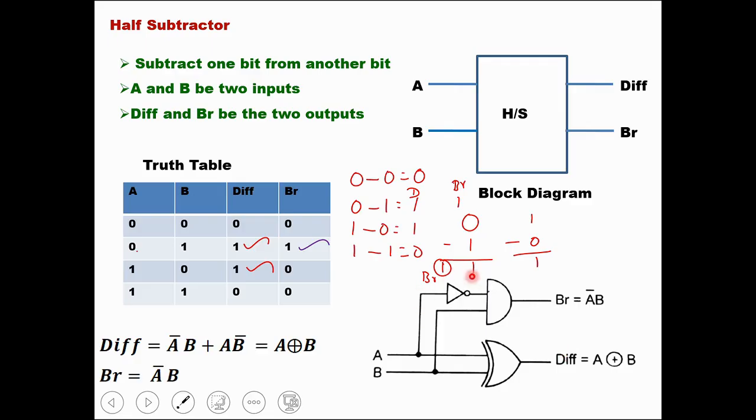The output of the NOT gate is given to an AND gate. B is directly given to the input of the AND gate. The output of the AND gate gives the borrow expression, which is equal to A bar B. So using this logic circuit, we can perform half subtraction. That means we can subtract 2 bits.